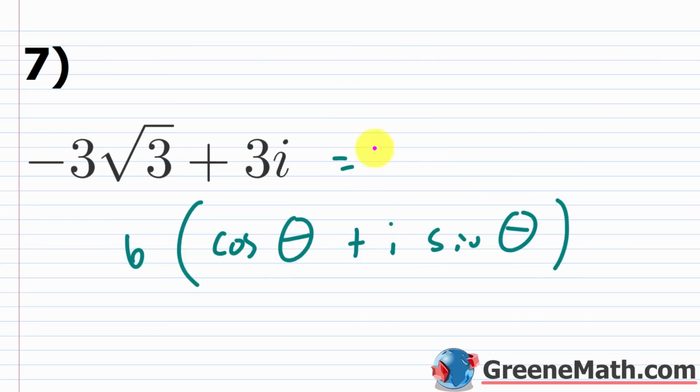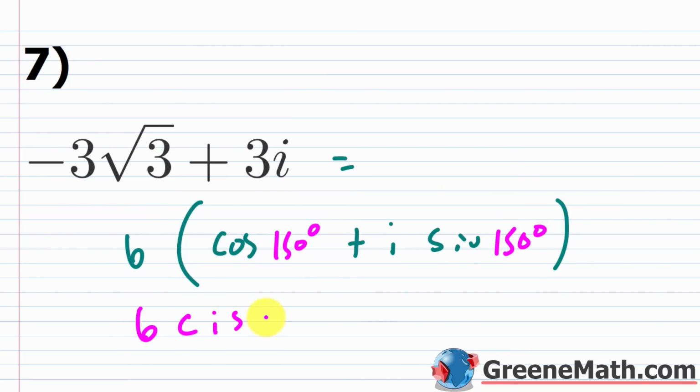Coming back up, let's get rid of this and put 150 degrees here and 150 degrees here. And so we'll go 6 CIS and then 150 degrees. So that's another way you can do it. Again, this C is for the cosine, the I is for the imaginary unit I, the S is for the sine. So 6 cis 150 degrees if you want the shorthand.